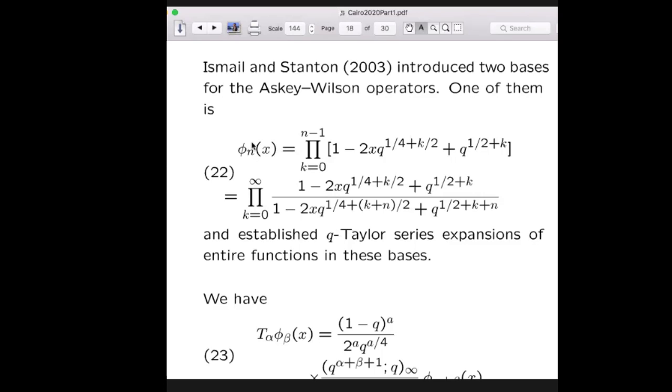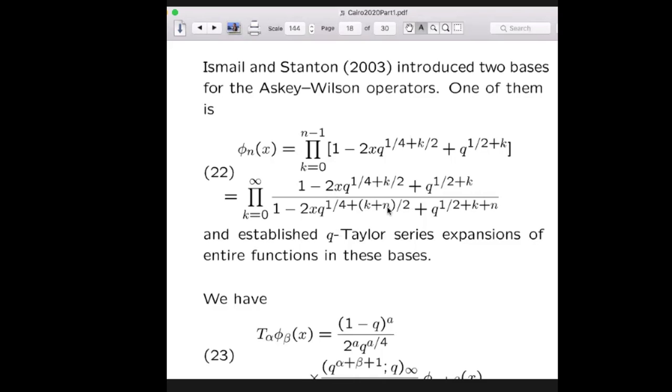If n is just a positive number, this makes sense, because this is a positive number, and everything else is okay. So the definition of x to the alpha, if n is alpha, is exactly this with alpha here and alpha here.